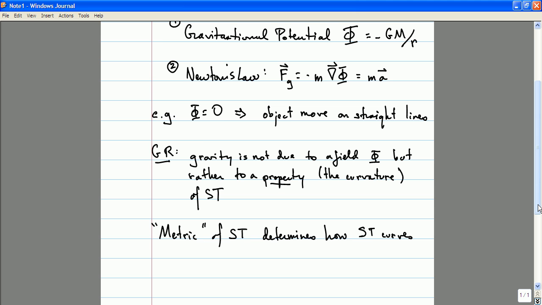So in general relativity, the statement that the presence of mass creates a gravitational potential is replaced by a statement that the presence of matter, and in particular the presence of mass or energy, makes space-time curve.